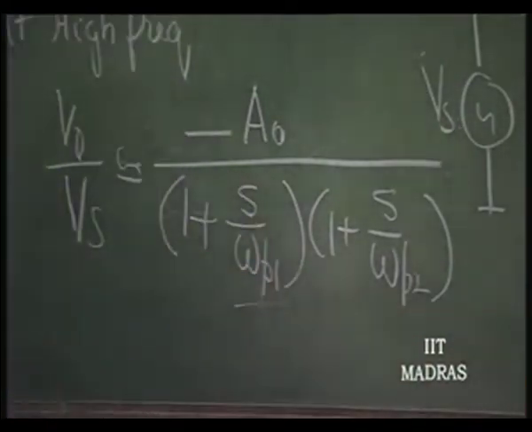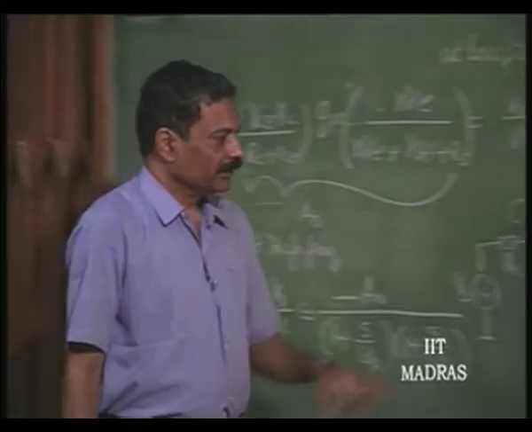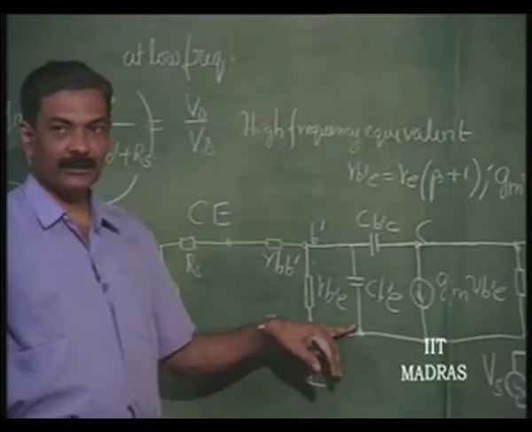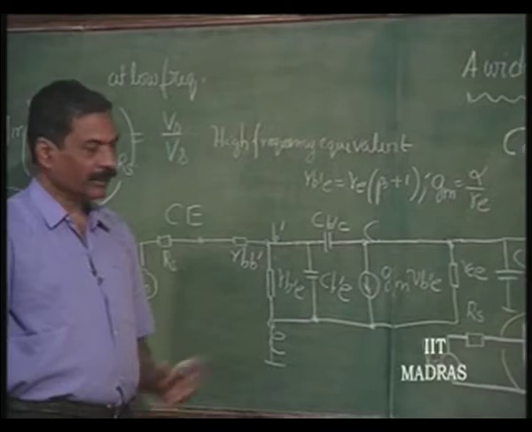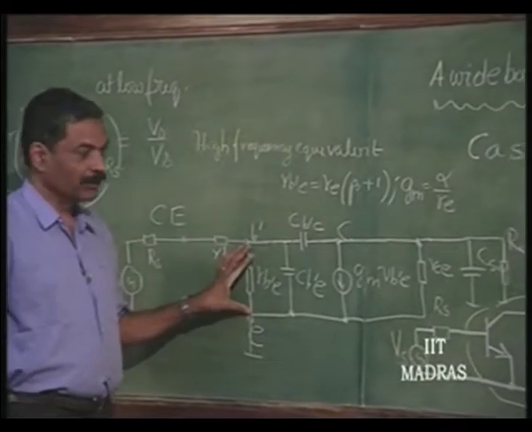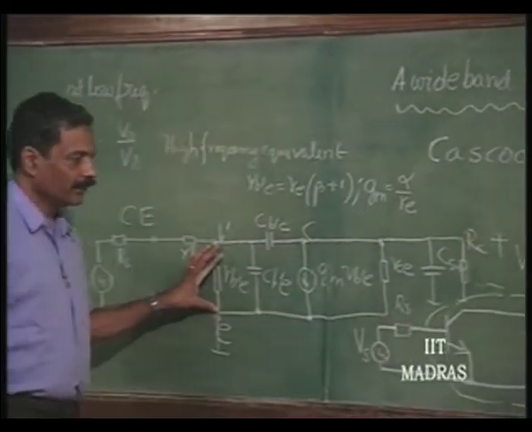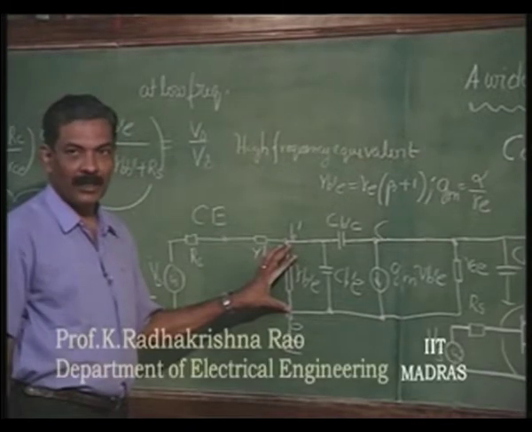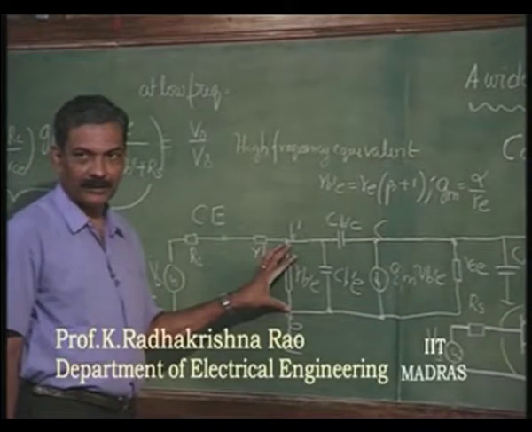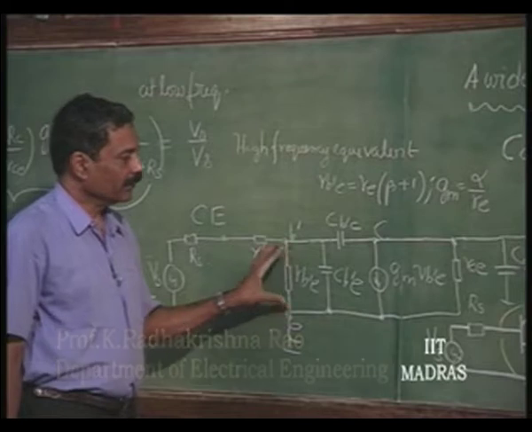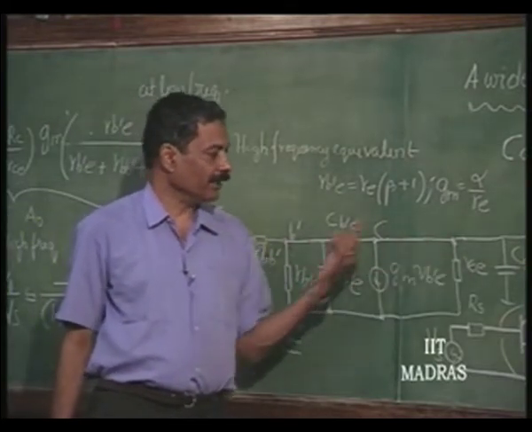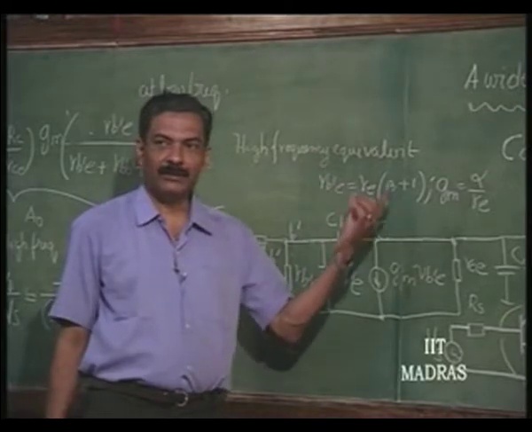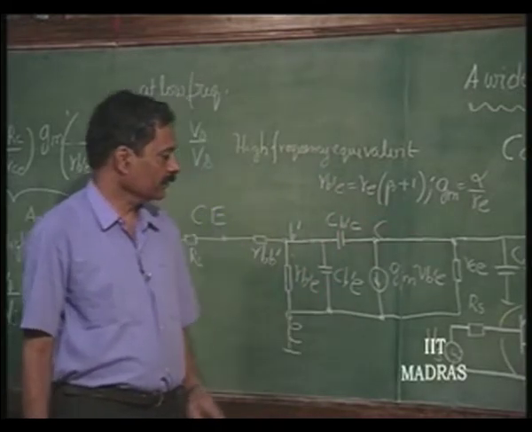Let us see. The approximation is: Cb dash C is this capacitance, and it gets amplified because this is the input and there is a gain of Gm into RC parallel RCE, that is the low frequency gain. So, Cb dash C gets amplified by that factor, 1 plus Gm into RC parallel RCE.